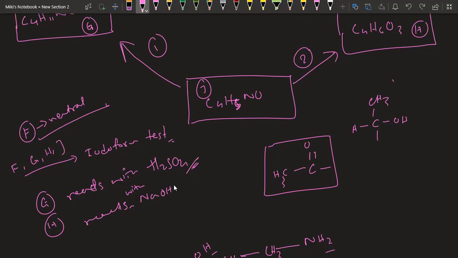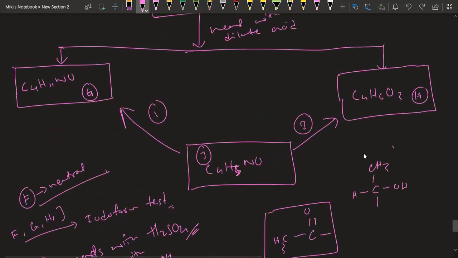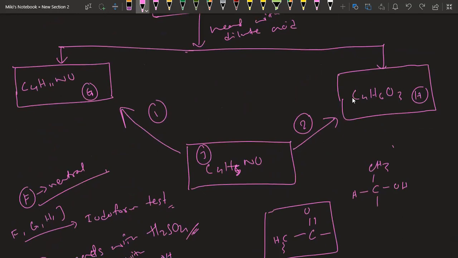The next information we have is about H, which says it reacts with sodium hydroxide. So H is this one. We have C4H6O3. If it reacts with an alkali, there could be a carboxylic acid present. That's just an assumption.